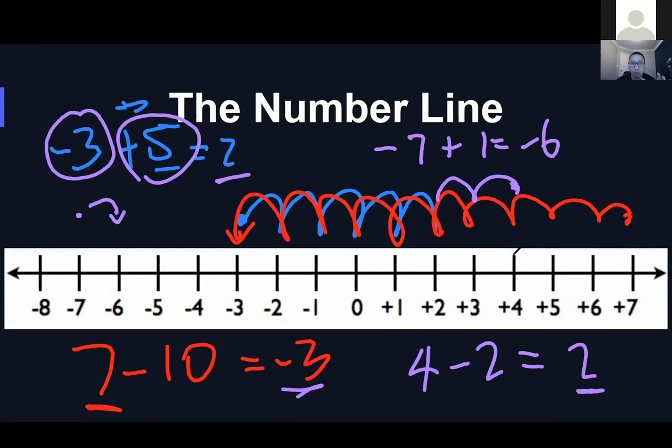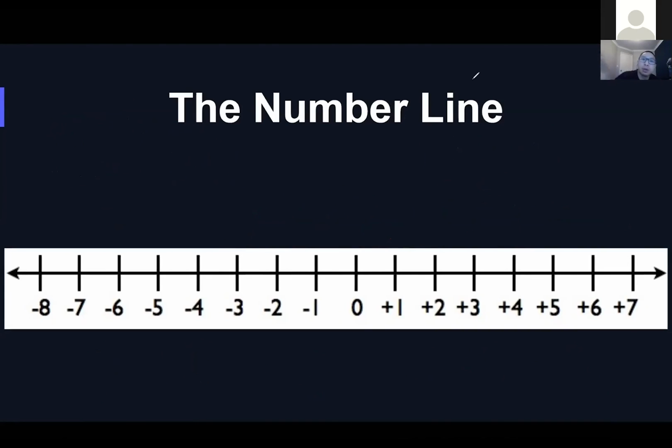So I'm going to do a couple of bigger numbers quickly. And what I want you to do is combine these two ideas. When I have a positive and negative, just find the difference and figure out which one's bigger, the positive or the negative, and write what the sign is. So let me clear all of this. What is negative 25 plus 13?